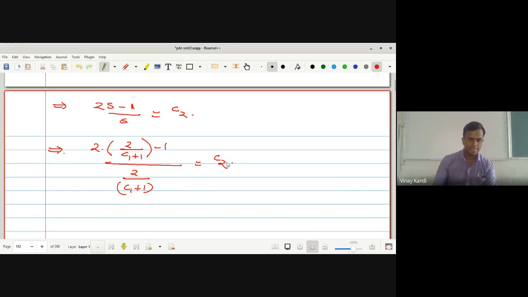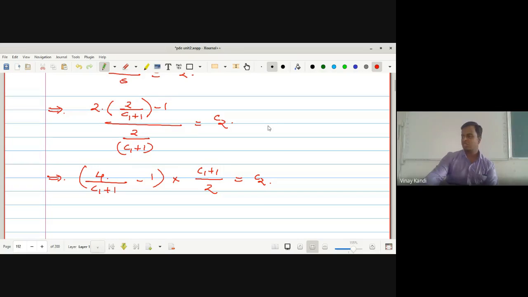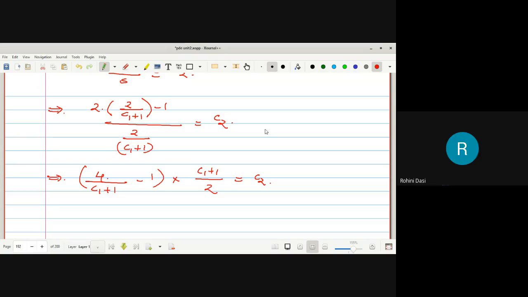Solve it. So 4 upon (c1 plus 1), minus 1, into (c1 plus 1) upon 2, is equal to c2. Is it correct?